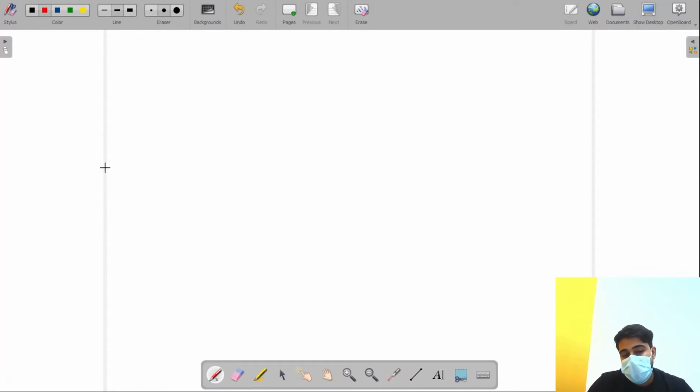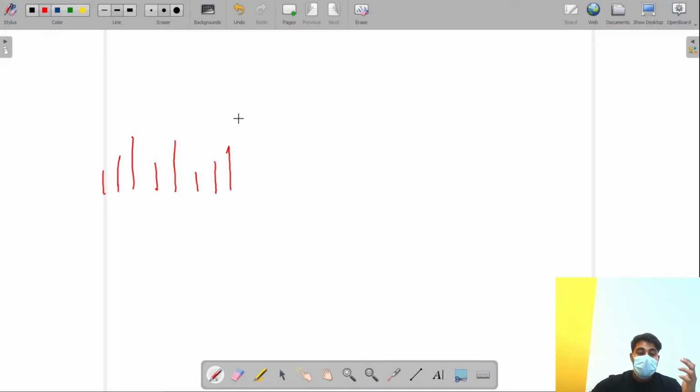I'm graphically representing each day's stock price. Today was represented like this, but the next day the stock price increased, the third day the stock price decreased again, then it reduced, again it increased, then reduced, then increased, again increased, then it becomes the highest.